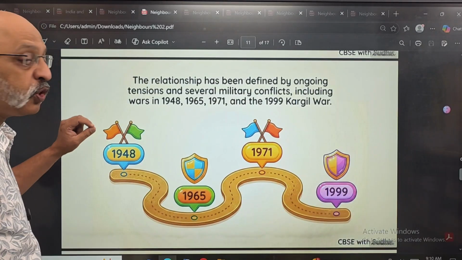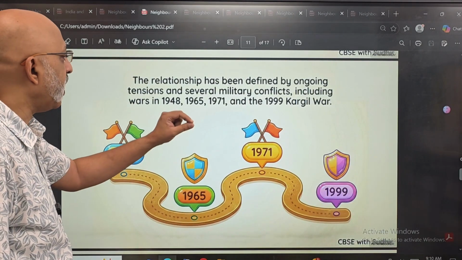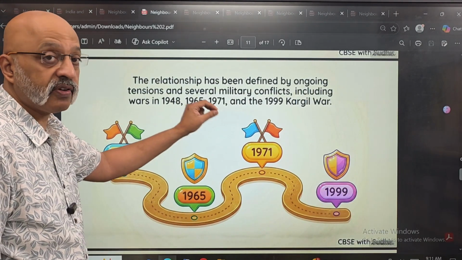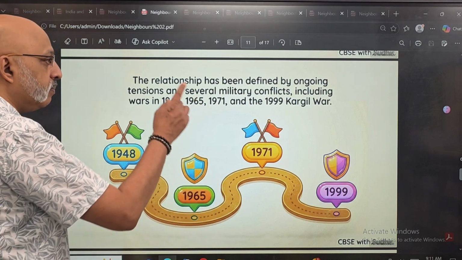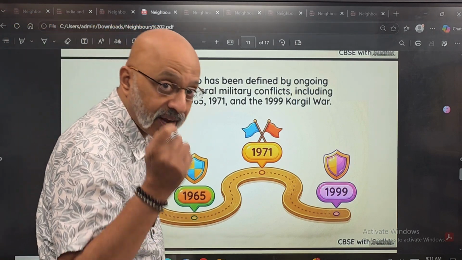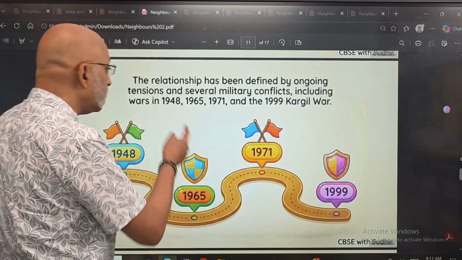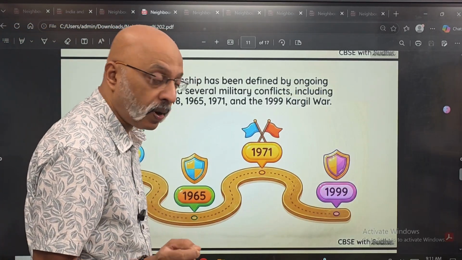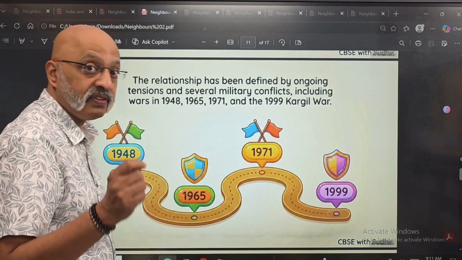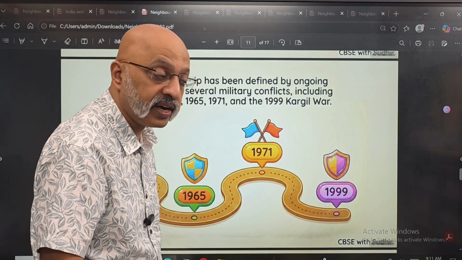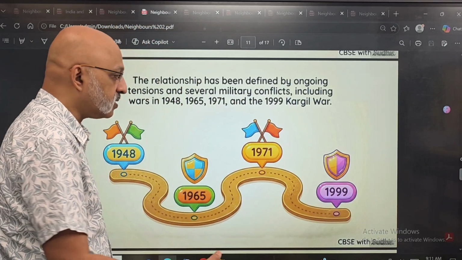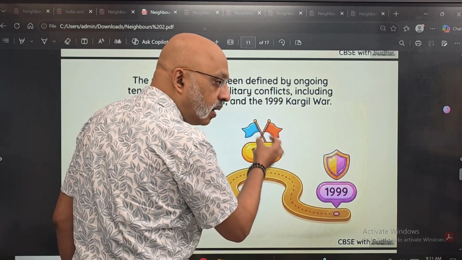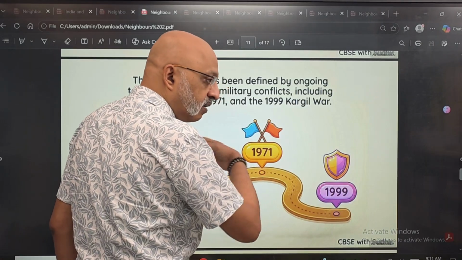The relationship between India and Pakistan has been defined by ongoing tensions and several military conflicts. You had the military conflict in 1948, soon after partition and independence. Then you had in 1965 the Indo-Pakistan War. In 1971, when Bangladesh was created, which was once East Pakistan, India helped Bangladesh become a separate country.